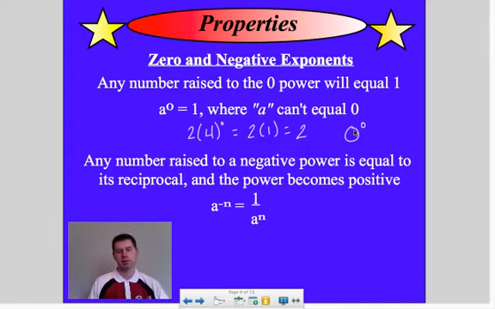A negative exponent really is just kind of what we see as being an inverse. It's any number raised to a negative power is equal to its reciprocal. So as you can see down here, we have a to the negative n is really 1 over a to the positive n. Now if the exponent is negative, it takes it to the bottom.